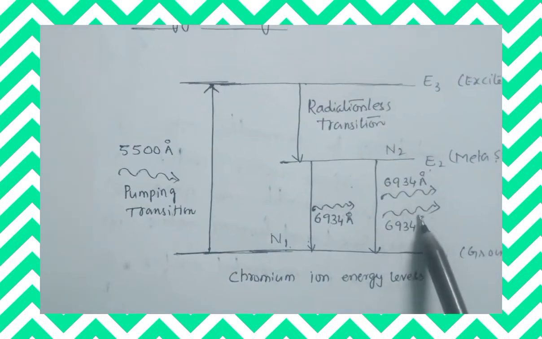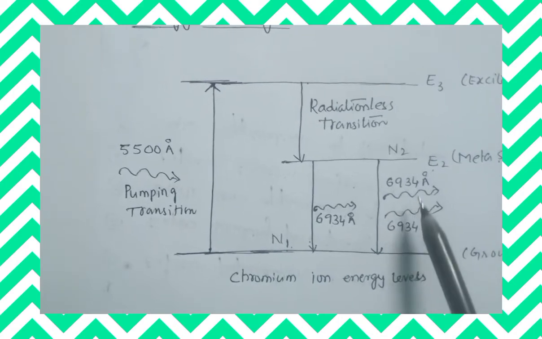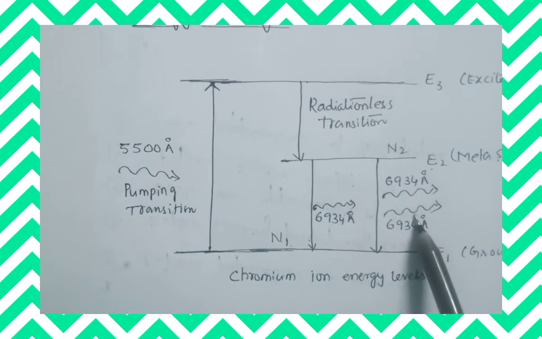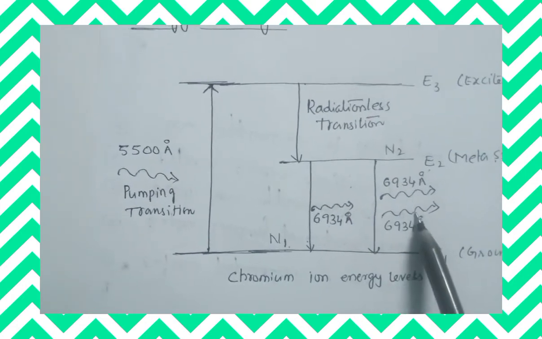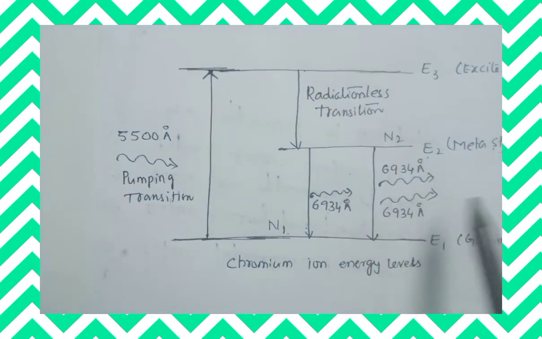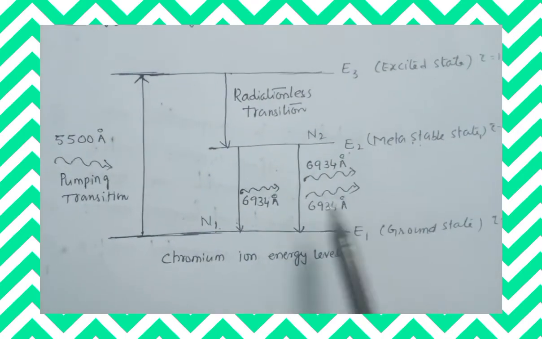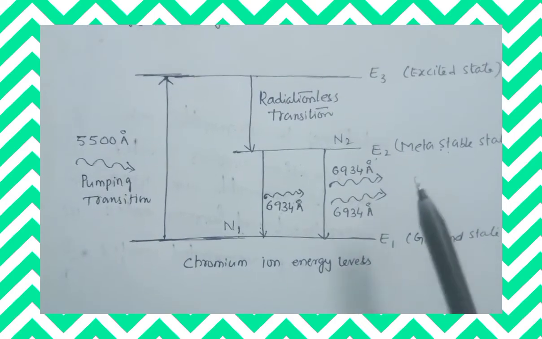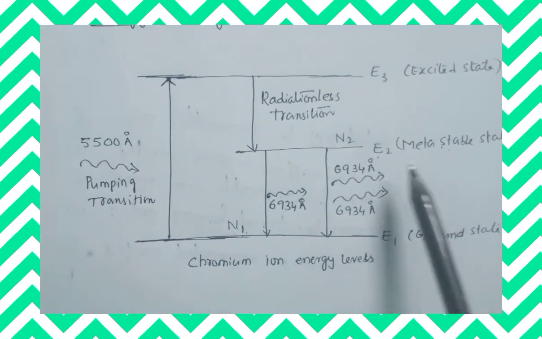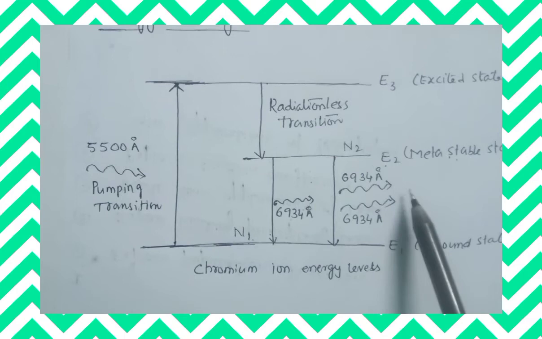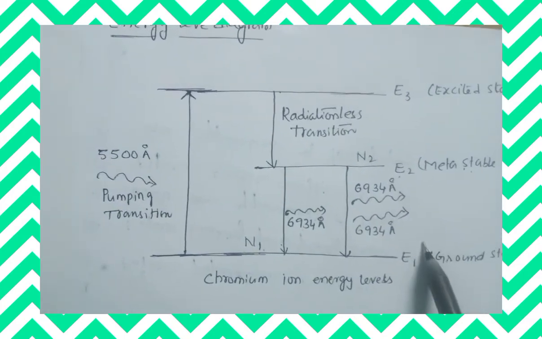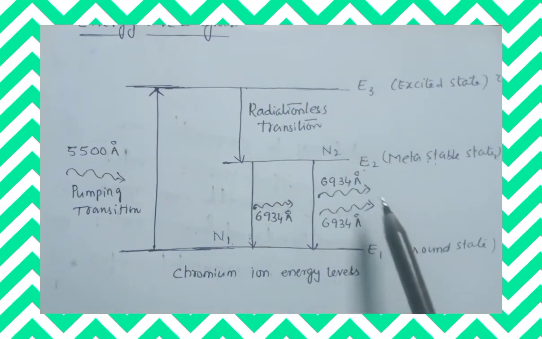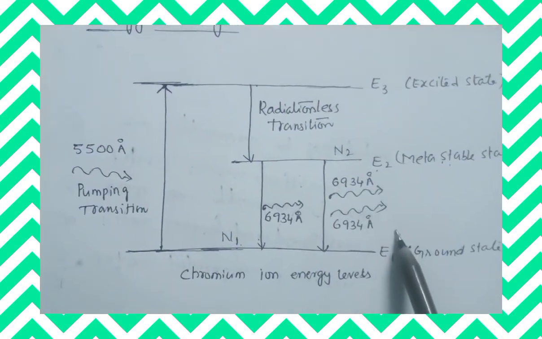These two photons are in the same phase and have the same wavelength. That means the light is amplified. These two photons again move along the ruby rod, are reflected back and forth, and stimulate further ions in the E2 state, and then we get four laser beams. That means laser action takes place.